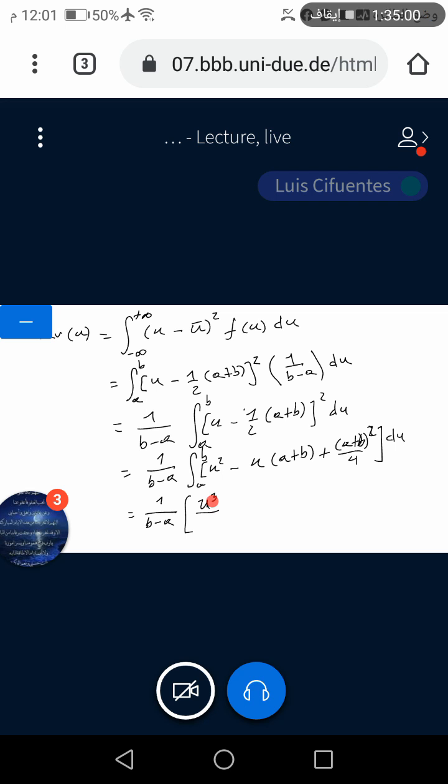This is U. Solving this part. All constants. Here. U.